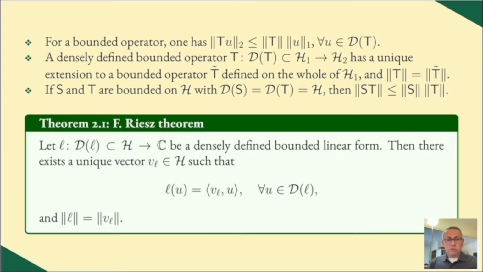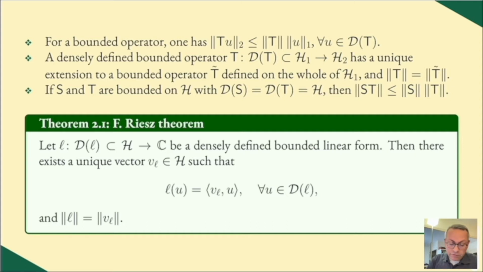So for a bounded operator defined on a densely defined domain, practically you can consider that it's defined on the full space. Why is this so? There are two reasons. One reason is that, as mentioned before, a bounded operator is also uniformly continuous, so it will send Cauchy sequences in H1 to Cauchy sequences in H2. And also, H2 is a Hilbert space, so it's complete. And that's the only thing you need to show that.